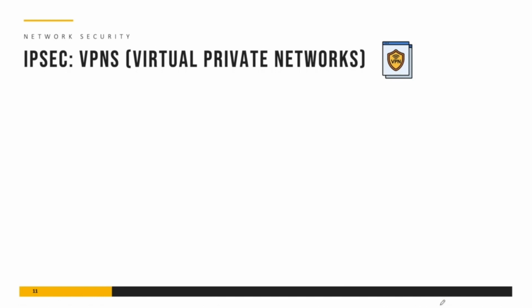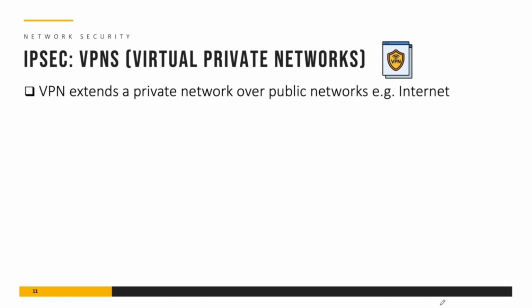Let's have a look at virtual private networks, a very important concept in cybersecurity. The basic idea of VPNs is that they extend a private network over public networks. What this means is that, let's say you work in a company that has a very secure corporate network, and one of the users wants to access this network from his home. He's working remotely, perhaps.